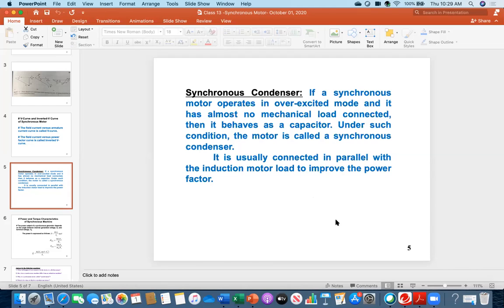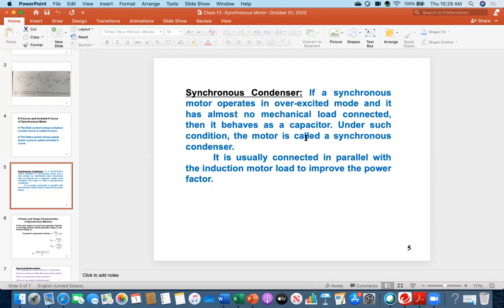Again, this is pretty interesting, and this is very important. Many times, for example, you're listening to someone's lecture in some conference or symposium, and they might talk about the synchronous condenser. Basically, a synchronous condenser is nothing but the synchronous motor under a special situation.